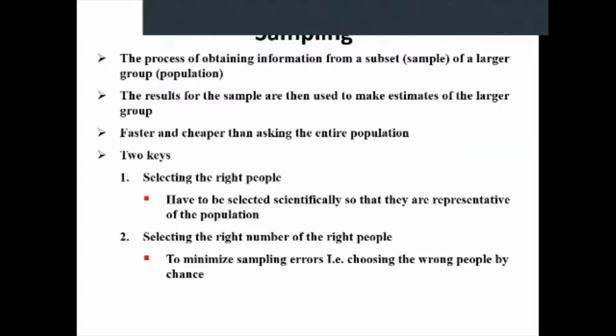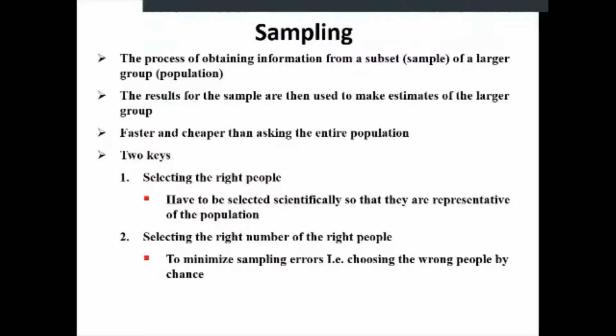A respondent is nothing but those people who give the proper information which is required for our research. Such people we call respondents, and respondents are scattered in various places.